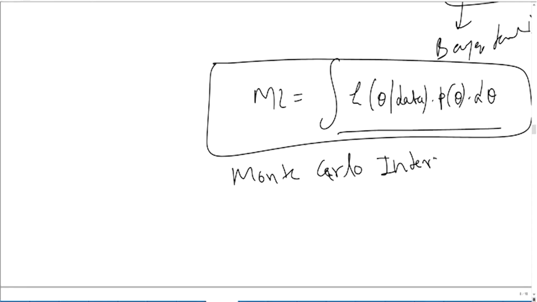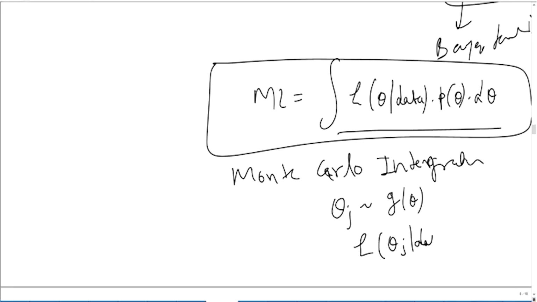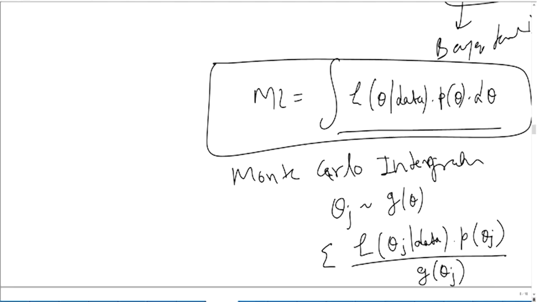How does it work? You draw a lot of samples from some importance density, let us say g of theta. Now, you calculate the likelihood for each theta j and the prior density for each theta j, and divide it by the importance density of theta j, and you take the expected value over all these.